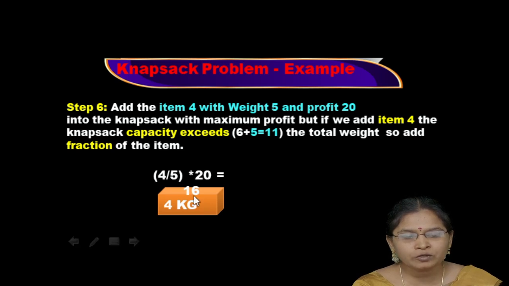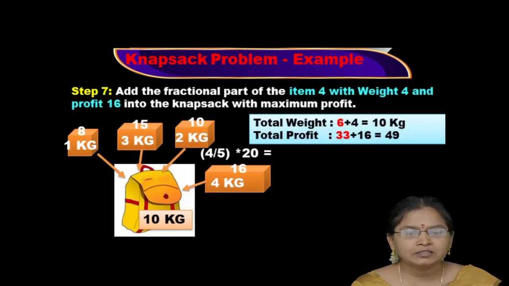So we have to add 4 kg weight and the profit value 16. So add the fractional part of item 4 with the weight of 4 and the profit of 16. Already we have the weight as 6, so adding this will result in 10 kg. Already we have the profit as 33, so adding this will result in 49.